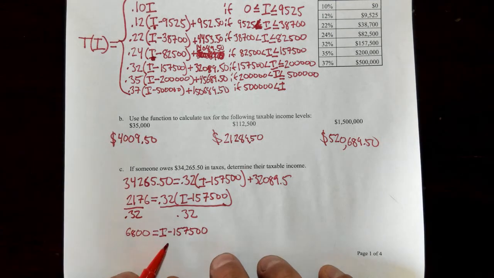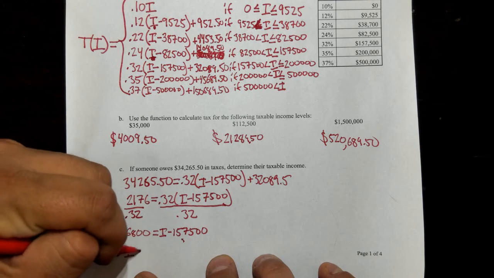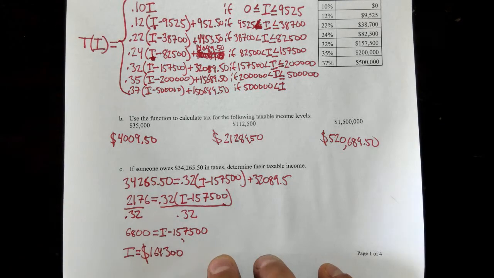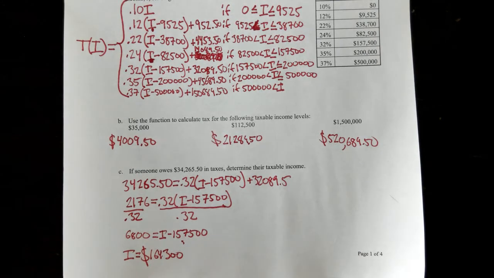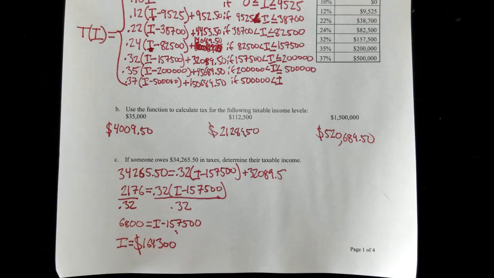Then add that amount to both sides, and we're going to get I is equal to $164,300. So that's how much someone made if they owed that much in taxes. So let's move on.